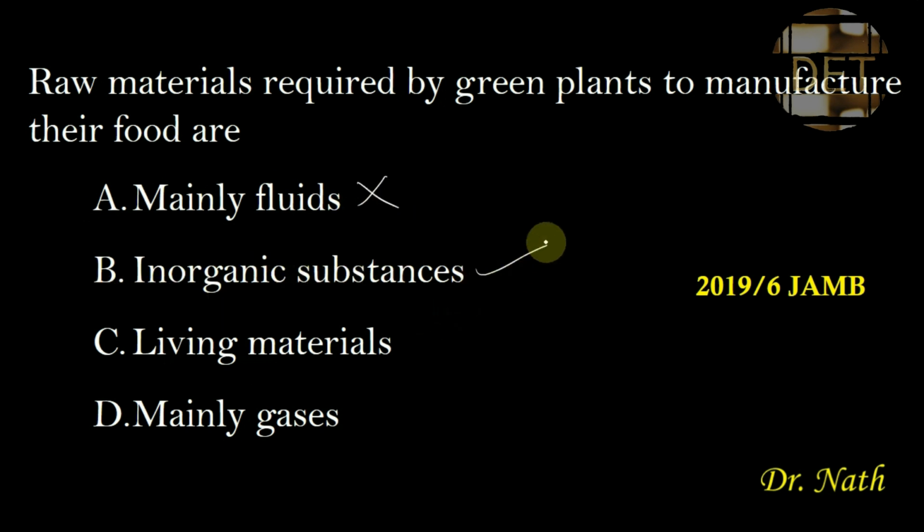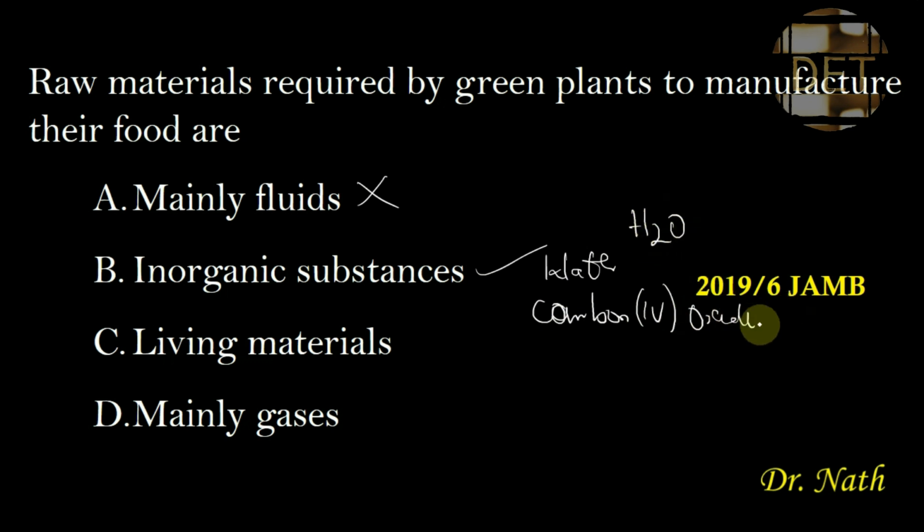Yes, they are inorganic substances, and the inorganic substances are water and carbon dioxide. The water is H2O and the carbon dioxide is CO2. These are the two inorganic substances required by green plants to manufacture their food.